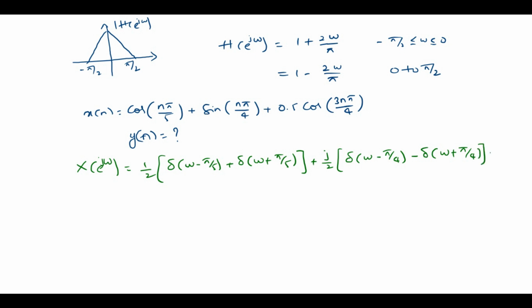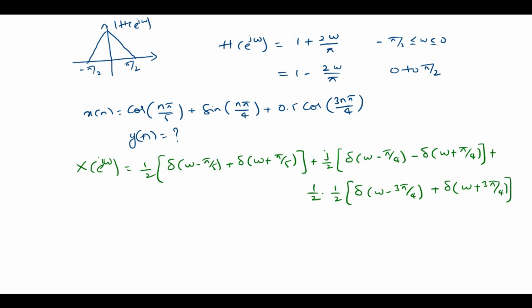Okay, plus 1 by 2 into again 1 by 2 del of omega minus 3 pi by 4 plus del of omega plus 3 pi by 4.